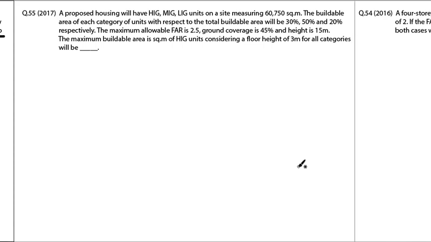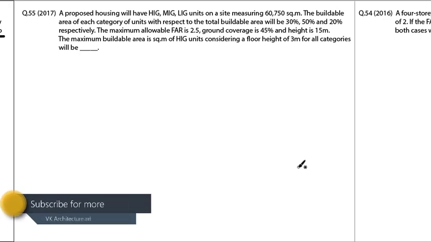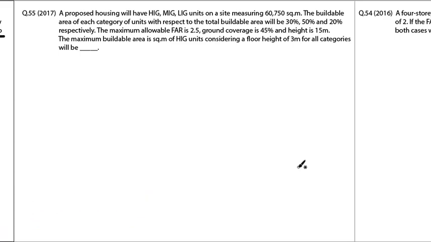a proposed housing will have HIG, MIG, LIG units on a site measuring 60,750 square meter, right? The buildable area of each category of units with respect to total buildable area will be 30, 50 and 20% respectively.